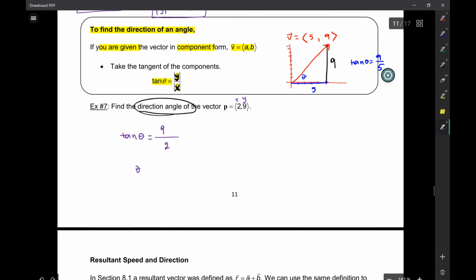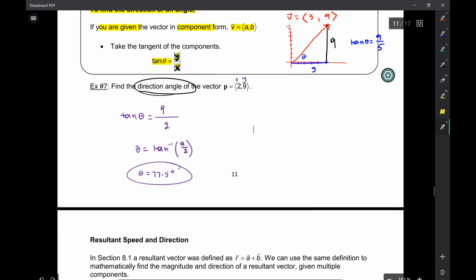So theta is inverse tangent of 9 over 2. 77.5, yeah. Does that make sense? So if I go 2 across and 9 up, does that make sense that that angle is 77.5? It does, right? That's a rather large angle.